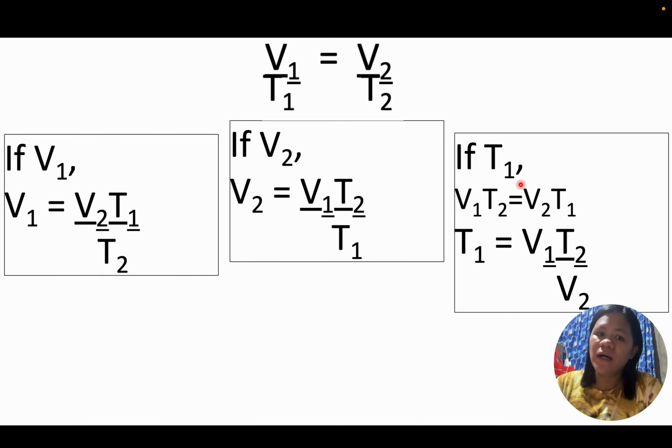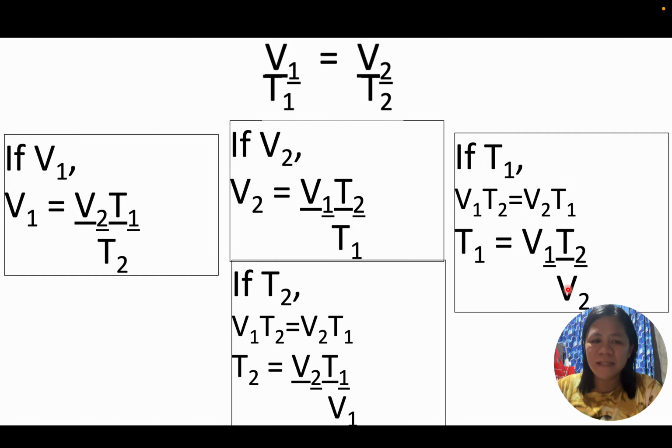Okay? So with this, simple na lang yung pag-determine natin ng formula na gagamitin natin. So T1, just like sa Boyle's law, pag may katabi, itong V2 na to, ilalagay natin sa baba. So T1 is equal to V1 times T2 over V2.